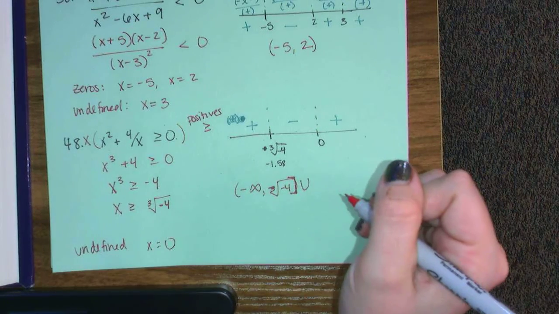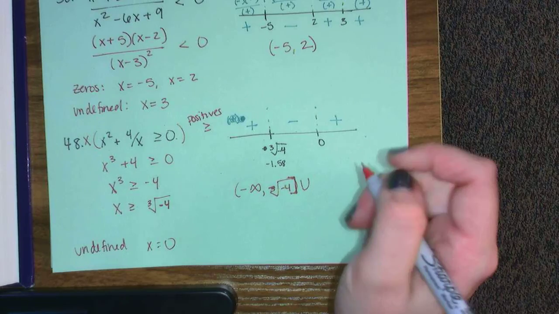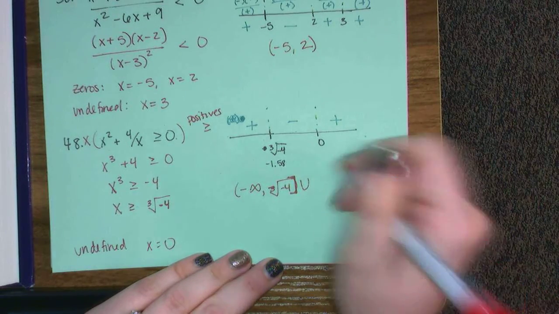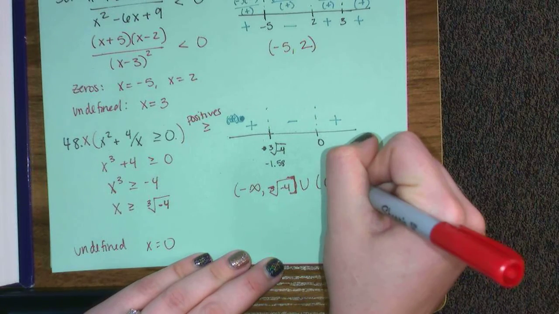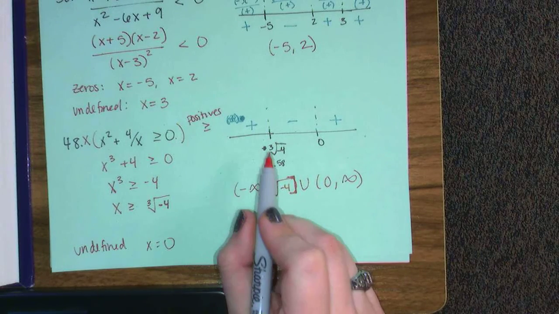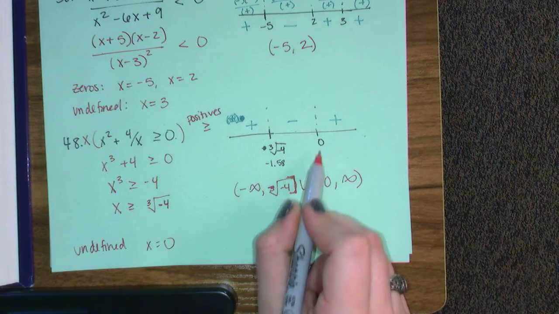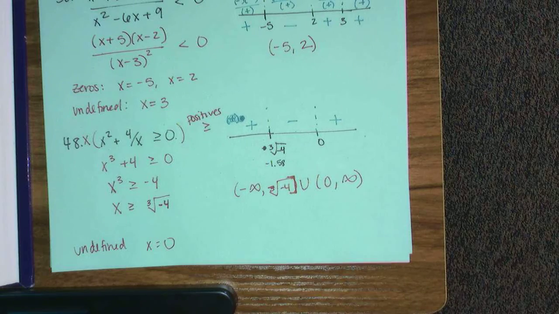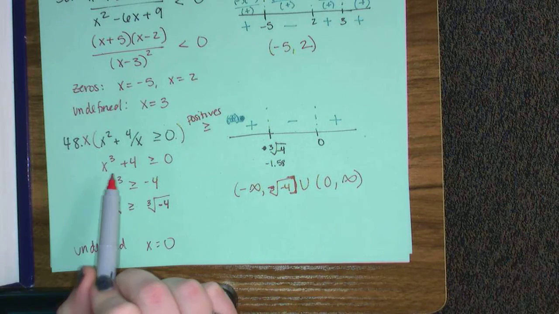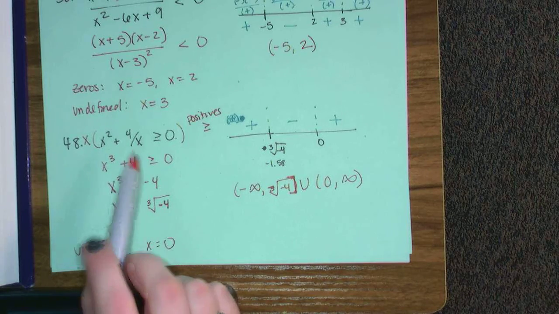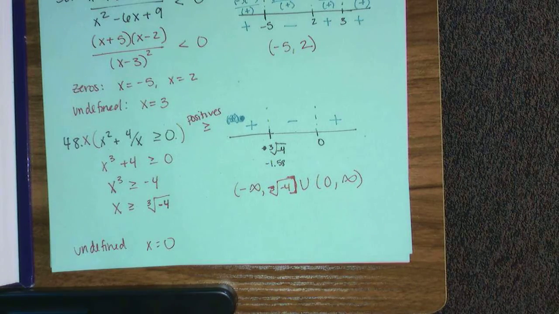Yep, because I am including it, because it's a 0. I was going to see if y'all are going to catch that. And over here, the other one. Okay, so this one's a bracket again because we are including this one because this was a 0. This is a parentheses because this was not included because that makes it undefined. Okay, so even though we rewrote it like this, we still have to account for what the original problem was, that we had something that would make it undefined.